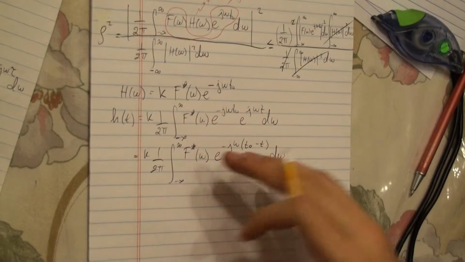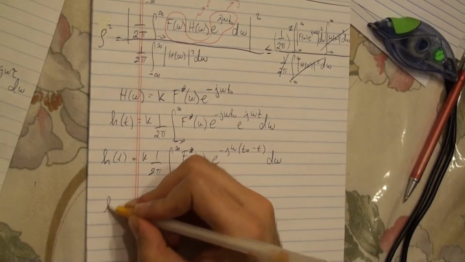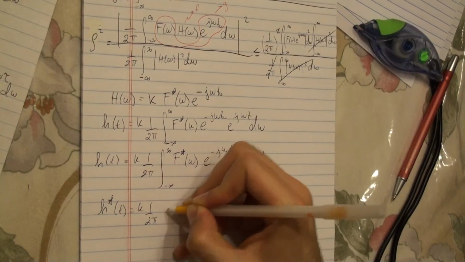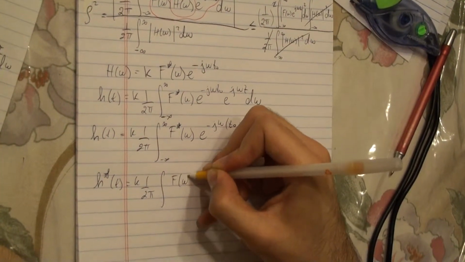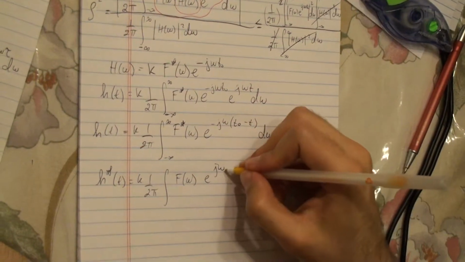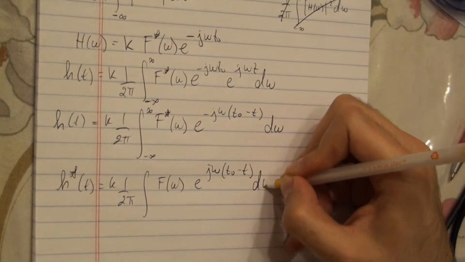Okay, I'm now going to take the conjugate of both sides, so I get h star of t equals k, 1 over 2 pi. Here I get f of omega e to the j omega (t naught minus t) d omega.